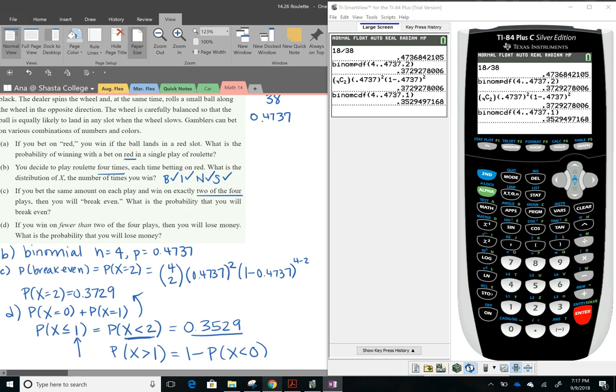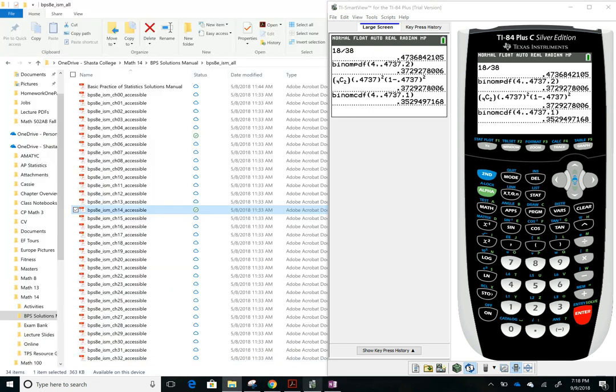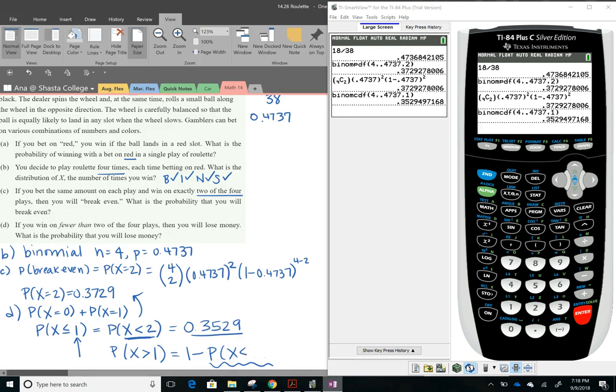On the calculator, it always does from the lowest value down, never does up, so we need to use the complement. In my calculator, I would do 1 minus this value. So you need to remember that the calculator does from the value you want down. So if you don't want to include the value, don't include it in your calculations. And that's it for binomial calculations.